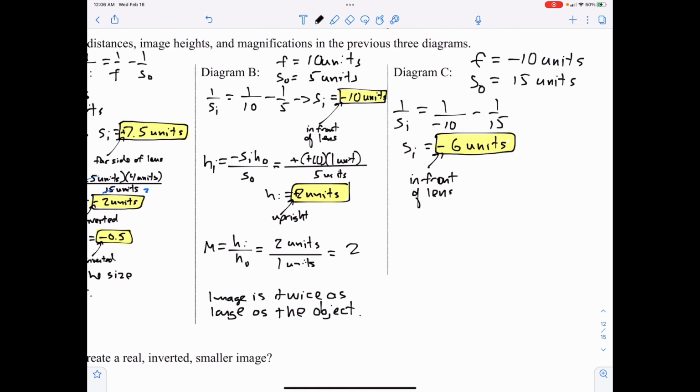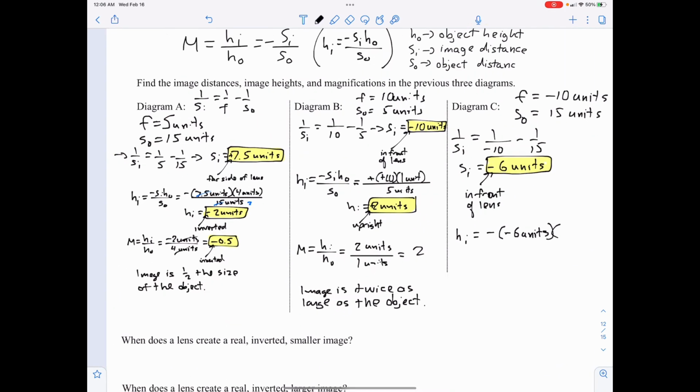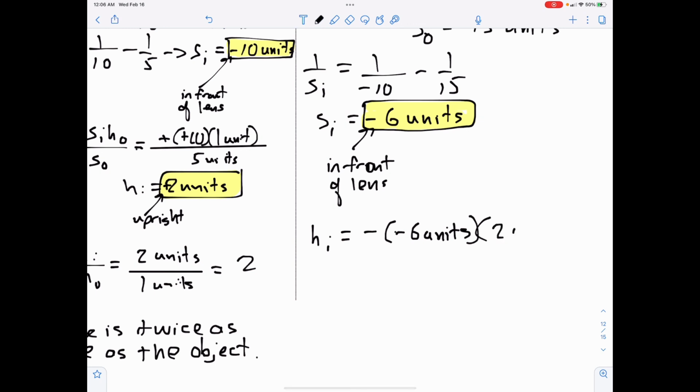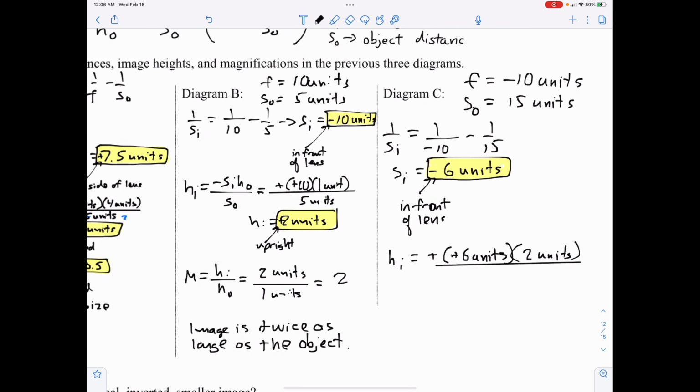Okay, finishing off our calculations for image height, we're going to go negative 6 units times the object height, which I forgot how high it was. It was 2 units high. Okay, divide that by negatives to cancel. The object distance, which was 15 units.